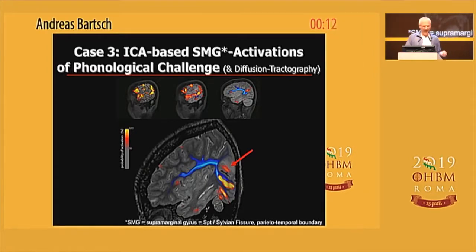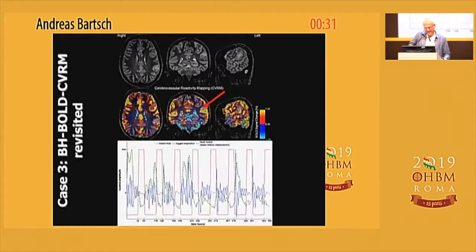Okay, the supramarginal gyrus is the gyrus bending around the Sylvian fissure. And it has a lower portion and the anterior upper portion, right? And right there was a bold activation to a phonological fMRI, active fMRI task. And when you look at this, you can see this spot over there.